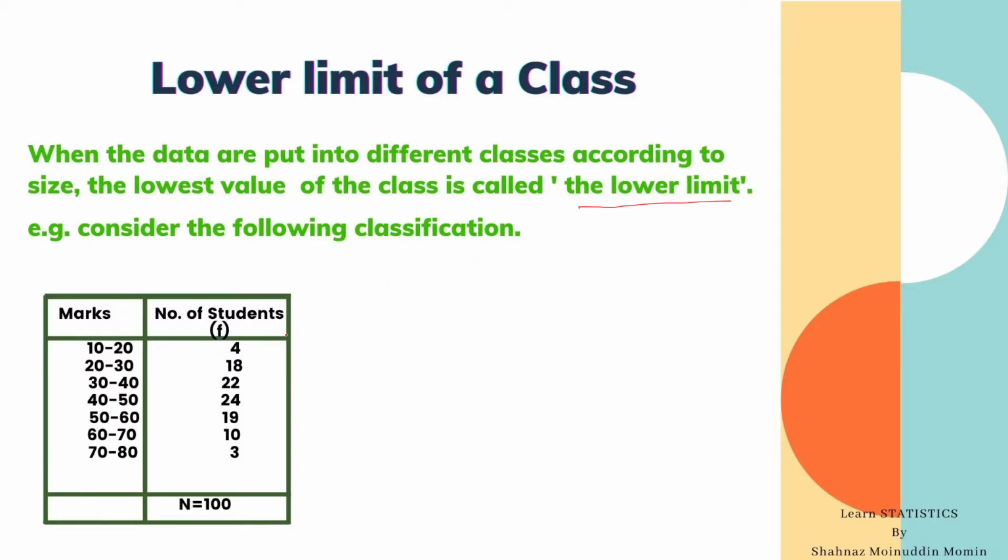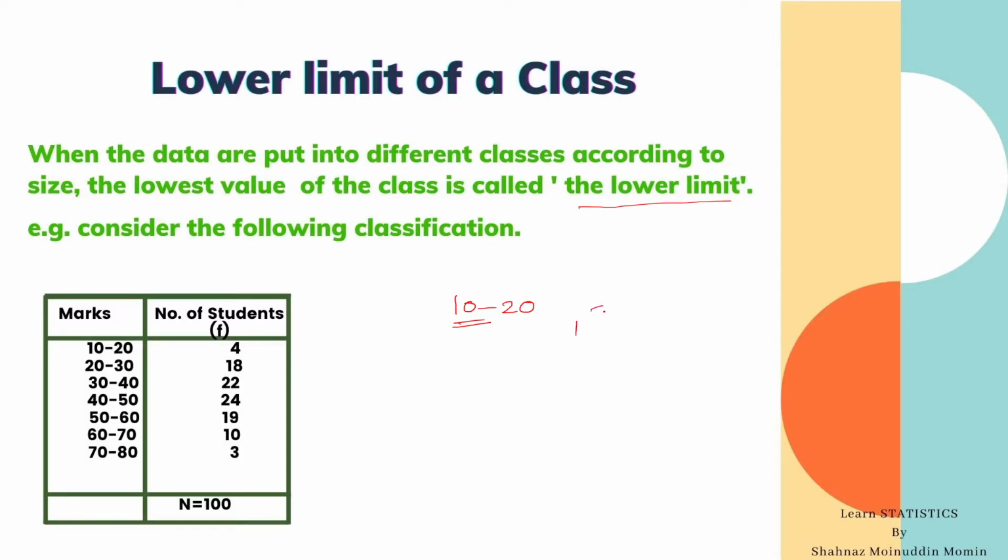In this table, for the class 10 to 20, this 10 is the lowest value of the class and it is known as lower limit of a class.